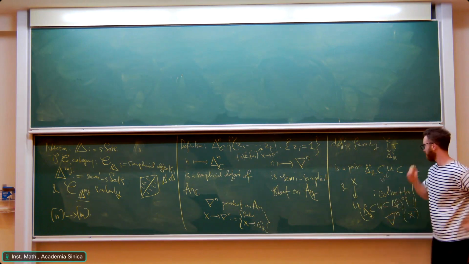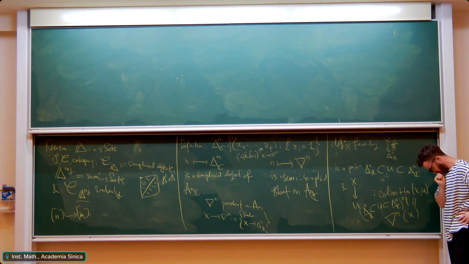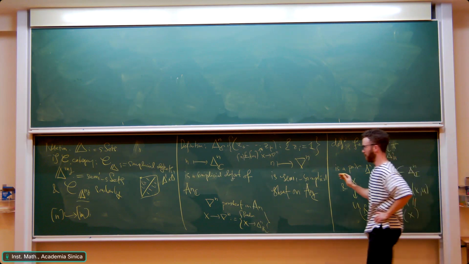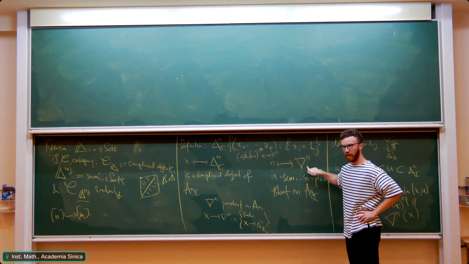Okay, yeah, I think so. I'm not sure. I don't want to make any pronouncements on that, but I convinced myself that you don't have the degeneracy maps for this thing, even with the pullbacks.